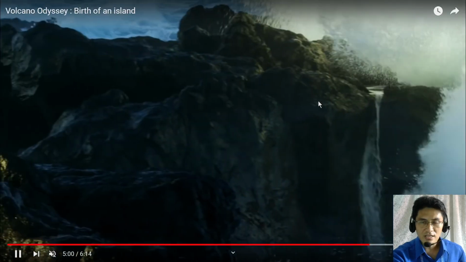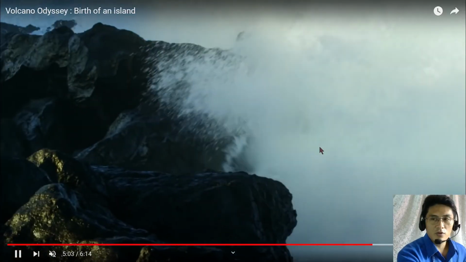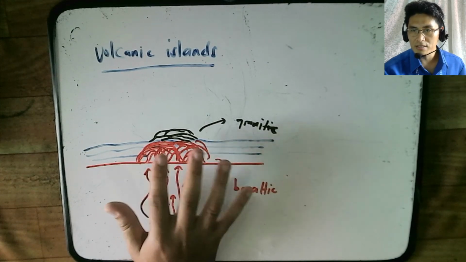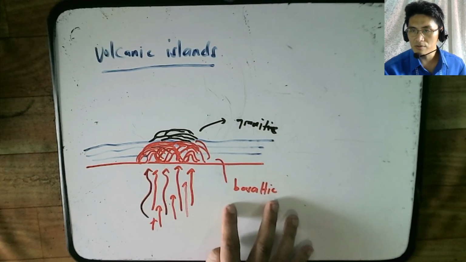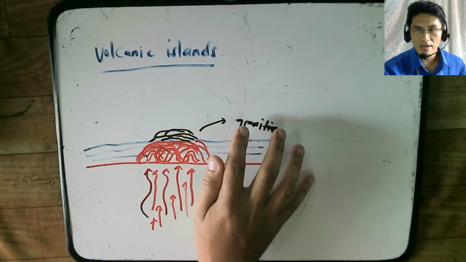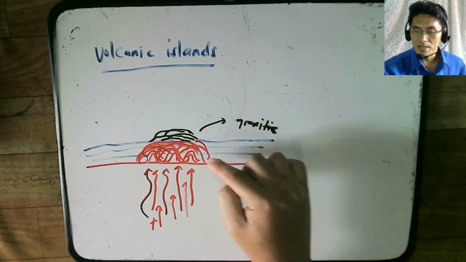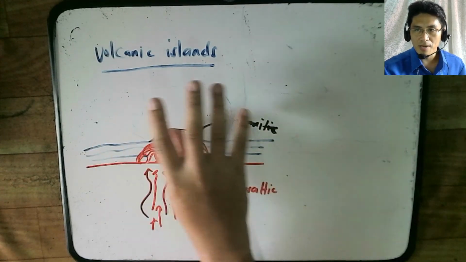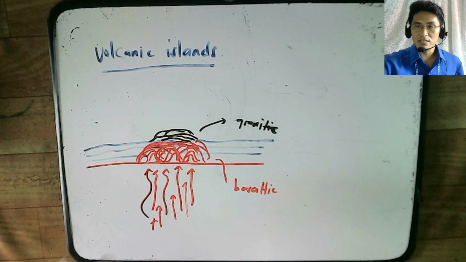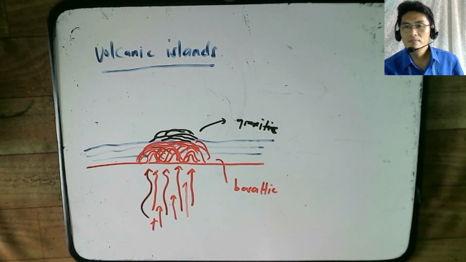But essentially, that's how volcanic islands are formed. Magma materials come out, pile up, forming a basaltic layer of rock until it pokes up through the water, forming a granitic layer of rock. So now you have basaltic rock and granitic rock forming the basis of what is continental crust, because it now pokes out of the water, forming islands.